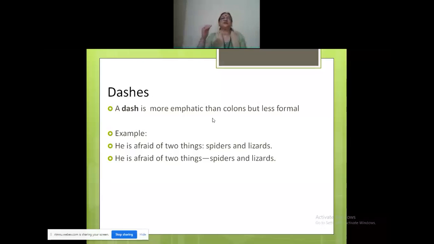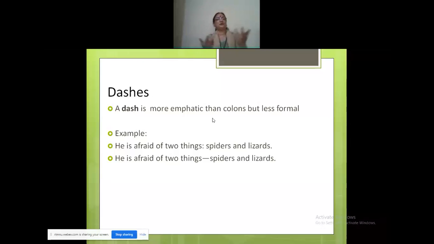So levels of formality. So dash will show more stress, more emphatic. Emphatic means where it shows more emphasis, but less formal. And colon is prim and proper, formal. He's afraid of two things: spiders and lizards. He's afraid of two things, spiders and lizards. When the dash comes, emphasis comes too.